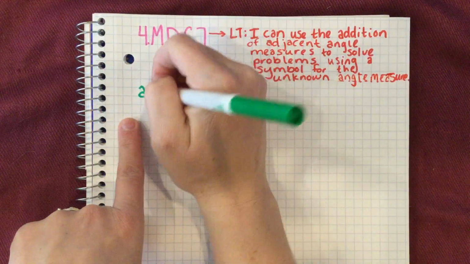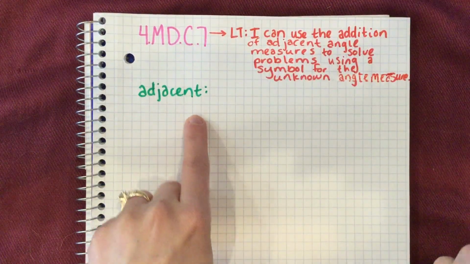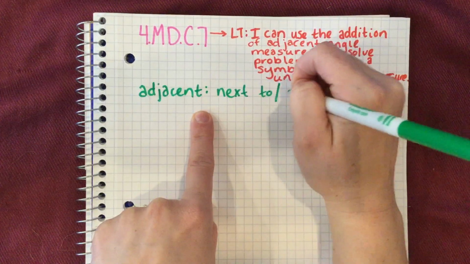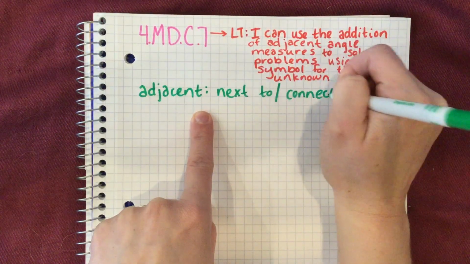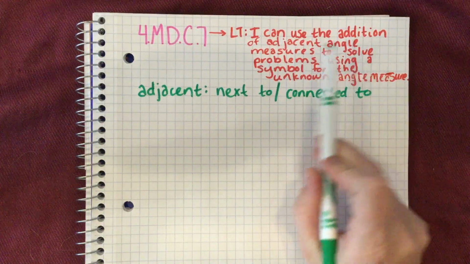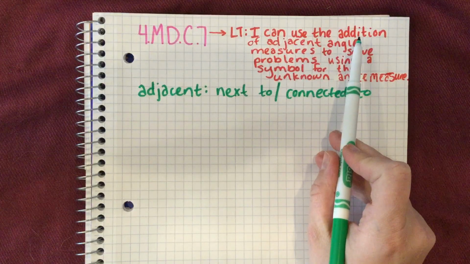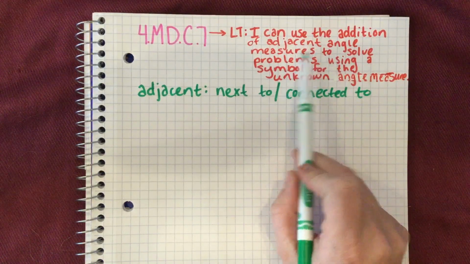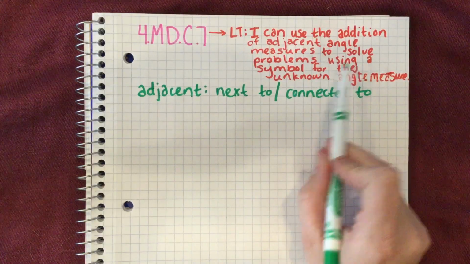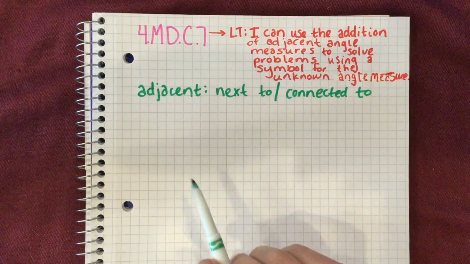So adjacent literally means next to or connected to. So when we're talking about addition of adjacent angle measures, we're talking about adding angles that are next to or connected to each other. And we're going to solve a problem using a symbol for the unknown angle measure.